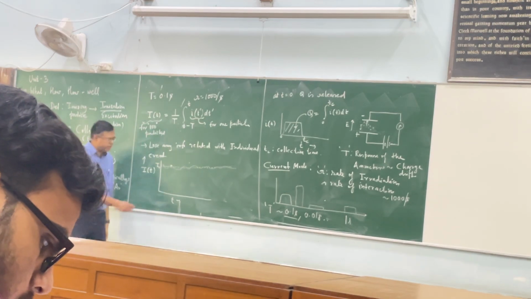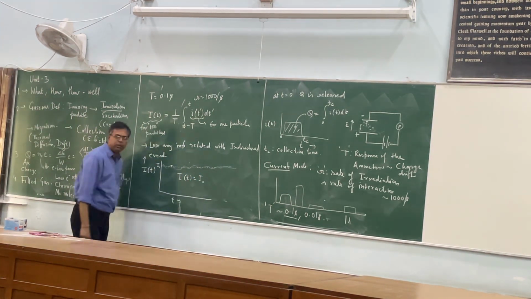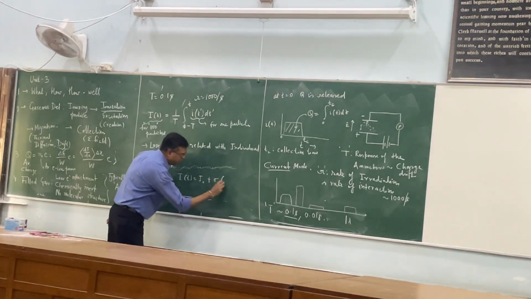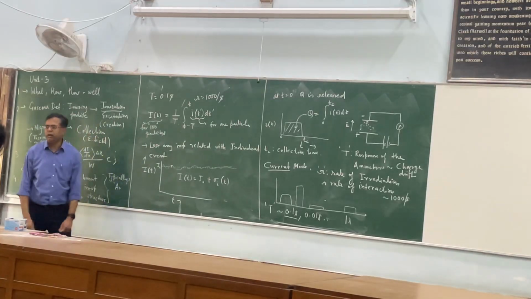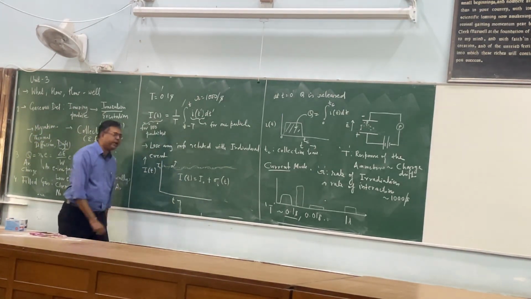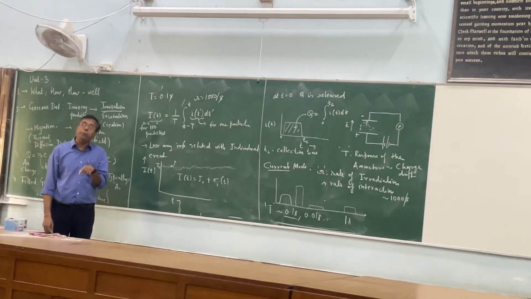So the result you should be getting is some sort of I naught plus sigma I(T). Now what is this sigma I(T)? This is the instantaneous variation. For any given 100, I may or may not be seeing exactly the average.